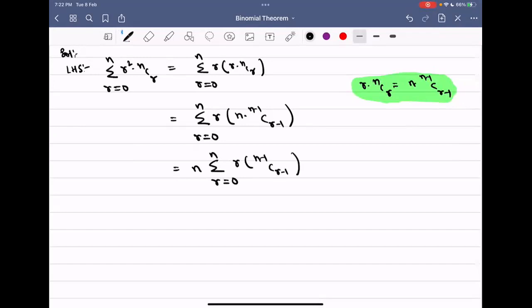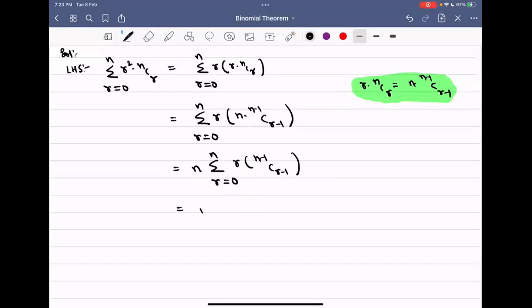Again, here we cannot use this formula because here r is there, but here r minus 1 is there. To use this formula, these two quantities should be same. So to generate this type of term, you write this r as r minus 1 plus 1. Just you add and subtract.